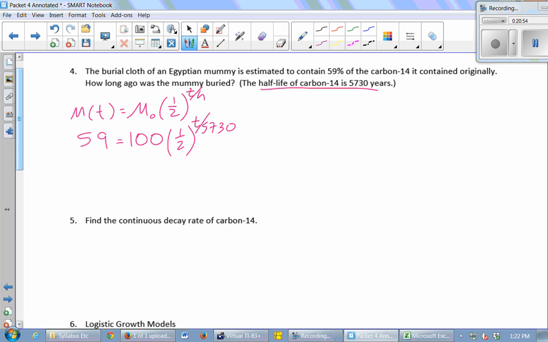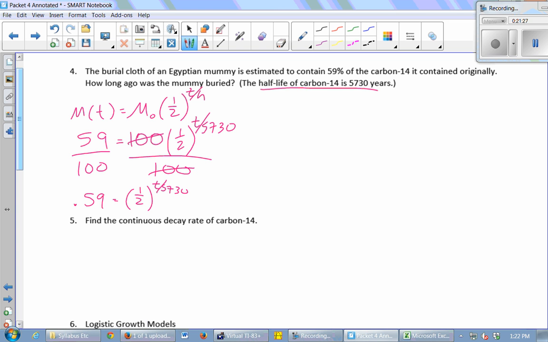The first thing is to isolate the exponential expression. So what should I do? Divide both sides by 100. These hundreds cancel, and we have 0.59 is equal to 1/2 to the t over 5,730.